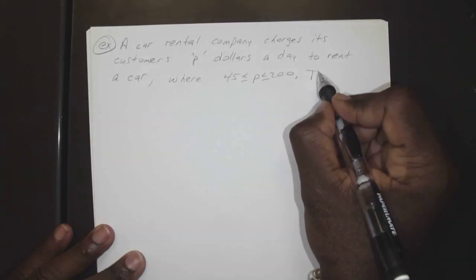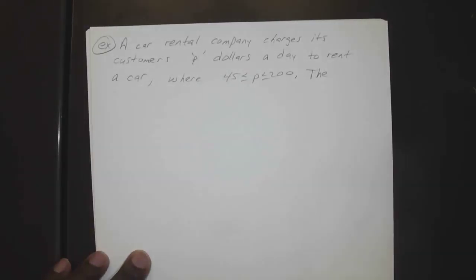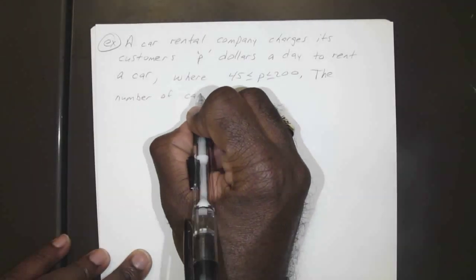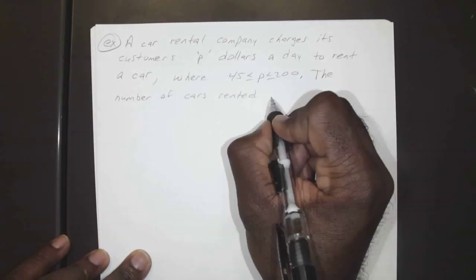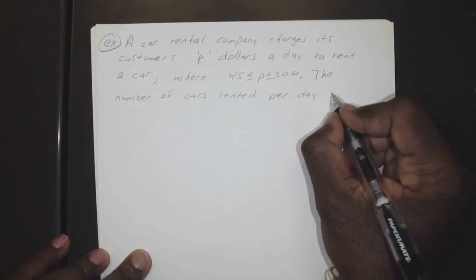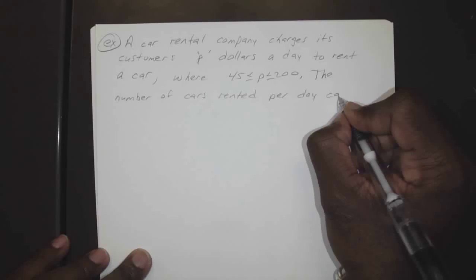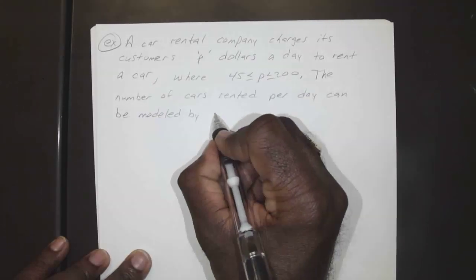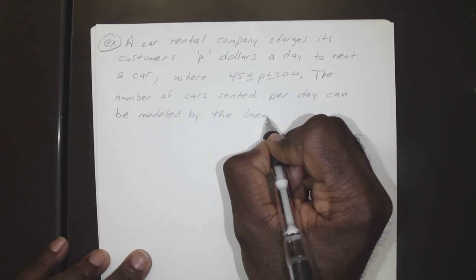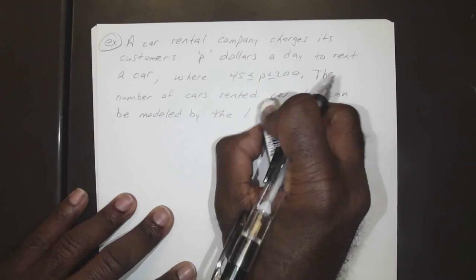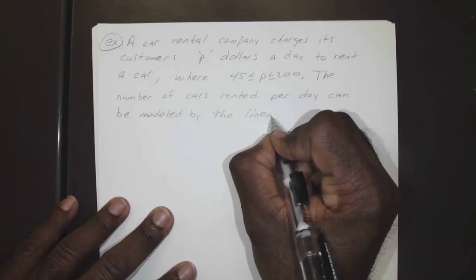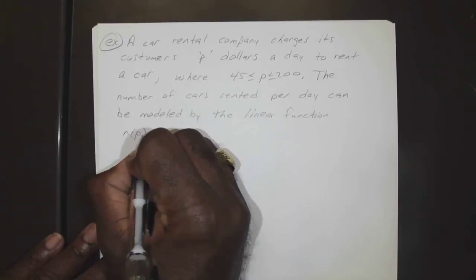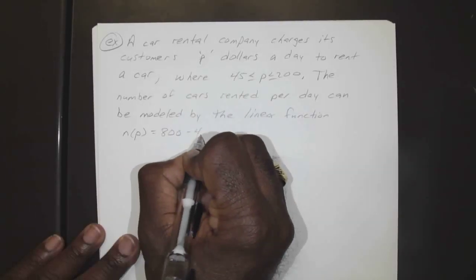Now, the number of cars rented every day can be modeled by the linear function N of P equals 800 minus 4P.